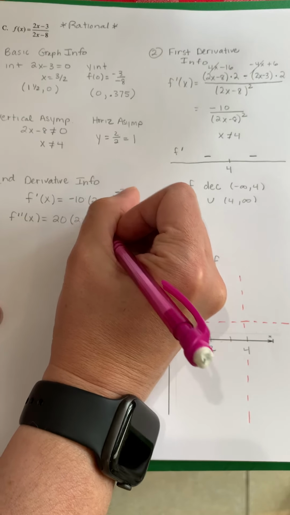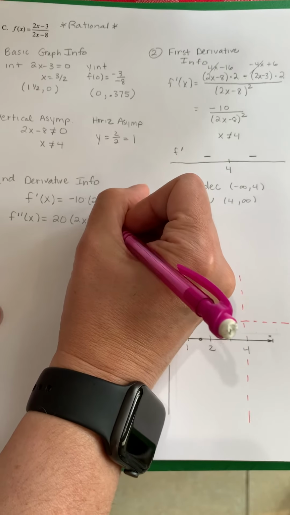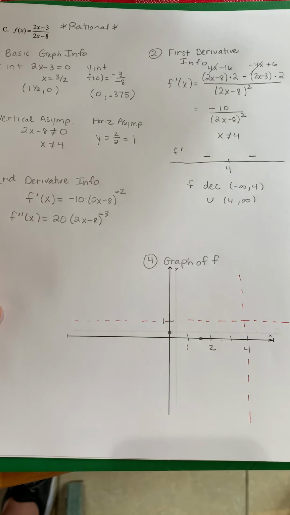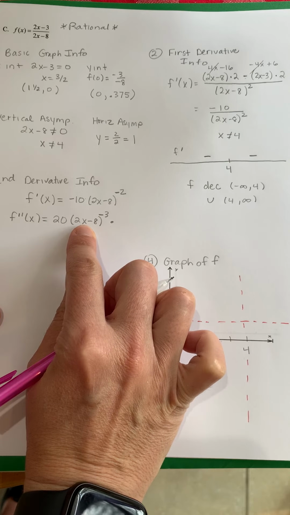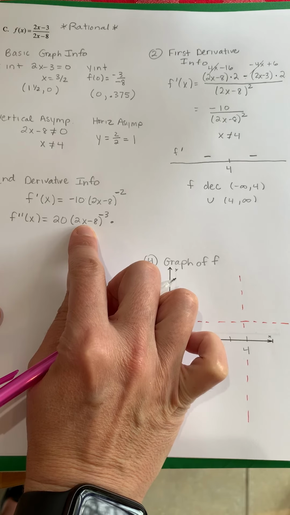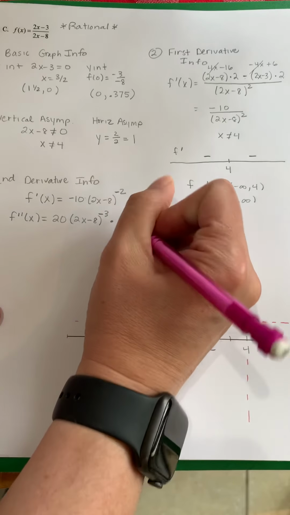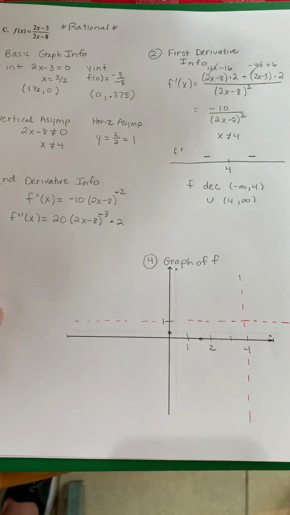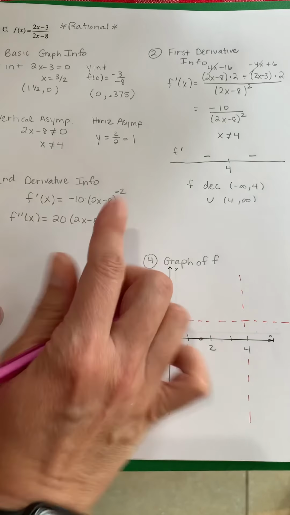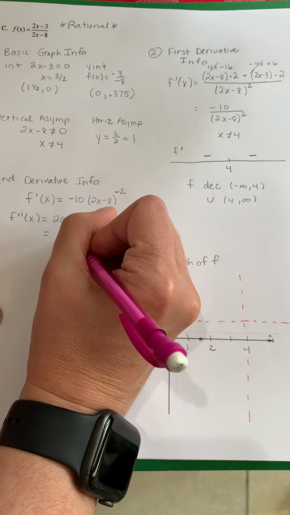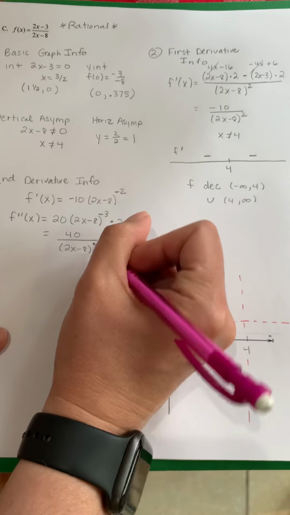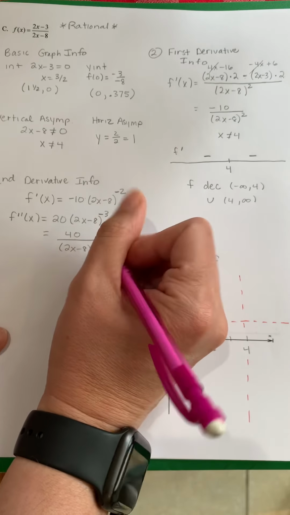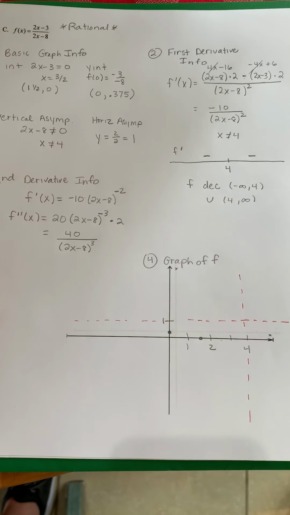We're going to have 2x minus 8, and reducing that will be -3. And then we have to multiply by the derivative of the inside here, which is a 2. Multiplying these, we get 40, and then we have 2x minus 8 to the 3rd power.